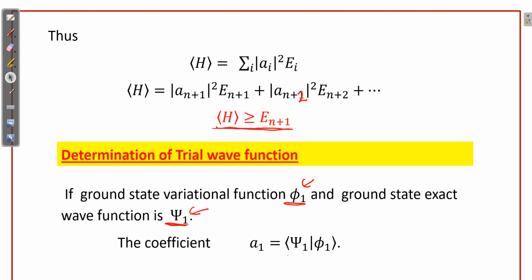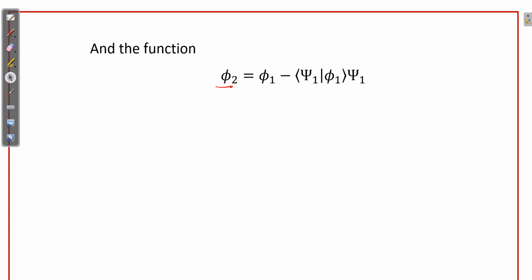So the trial wave function phi 2 is equal to phi 1, the trial wave function of the ground state, minus the constant A1 times the exact wave function of the ground state.